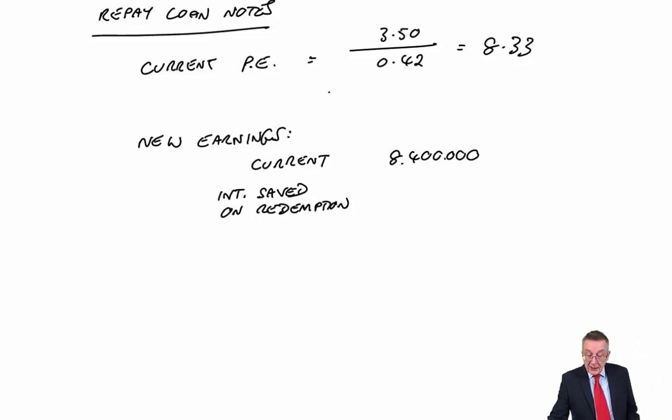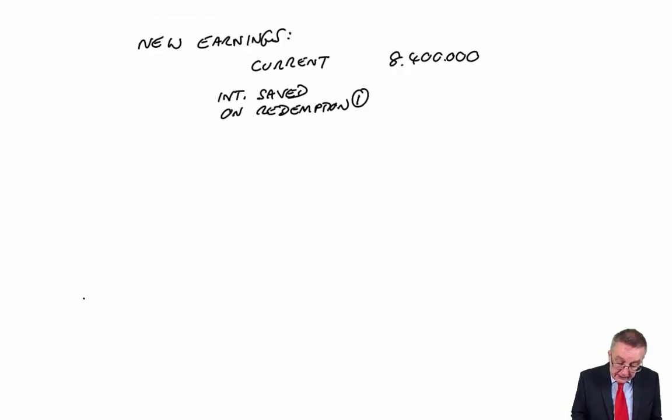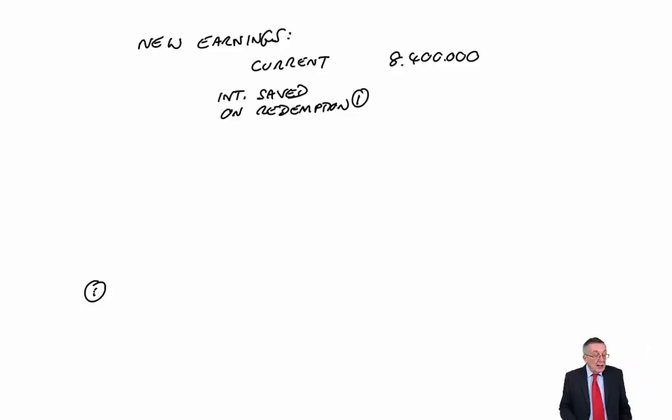Well, I'll do separate workings for this and then come back and tidy it up. How much interest will we save? Well, it depends how much we redeem, of course. So first of all, how much cash do we have?